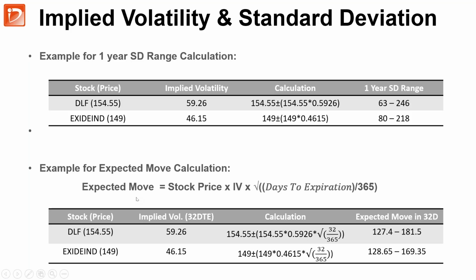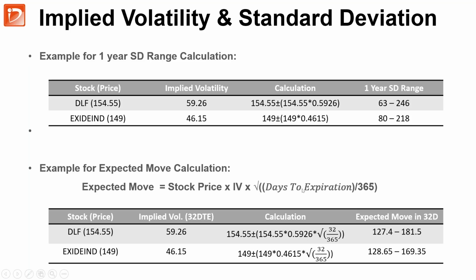So now the expected move is same as the one standard deviation, but this is for a specific number of days. So in this case, let's say I want to know what is the expected move for the next 32 days, that is till the expiry of the July month.